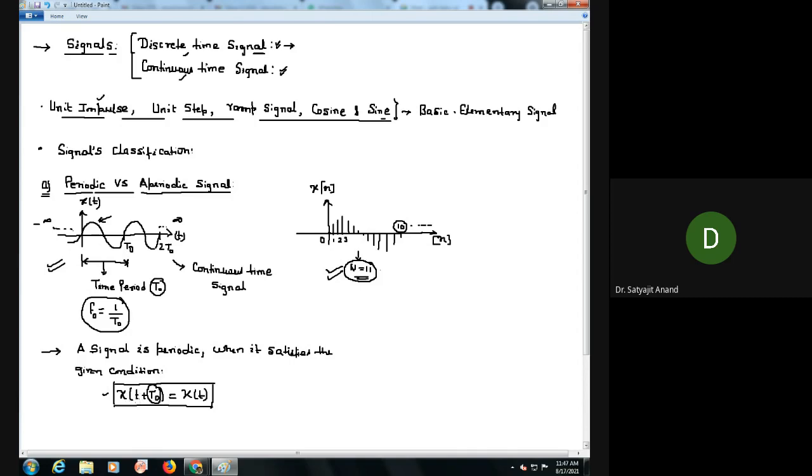I will show you in the tutorial class. But for the time being, just understand that if x of t plus t naught is equal to x of t, then we can say the signal is periodic. It means after t naught the signal repeats itself. This is for continuous, and the same for discrete.